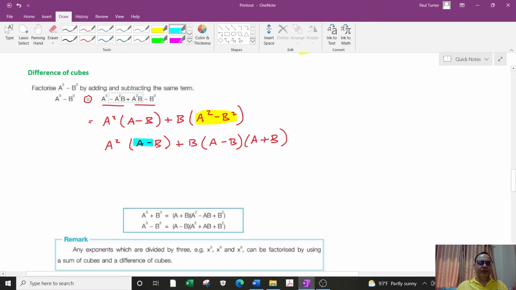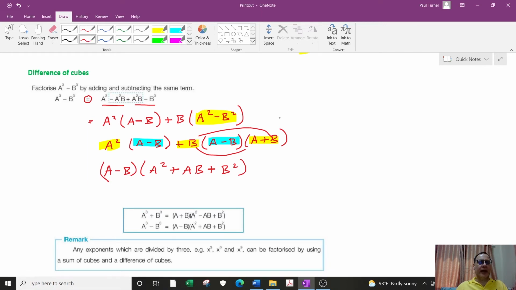Notice now we have the common factor. So let's take that out, a minus b. That goes in front. And what are you left with? You're left with a squared plus b times this number. So then we'll have a squared plus b times a, plus ab plus b squared. There.